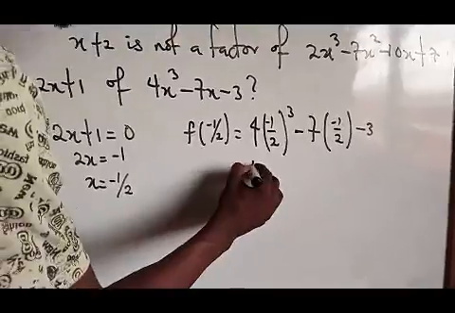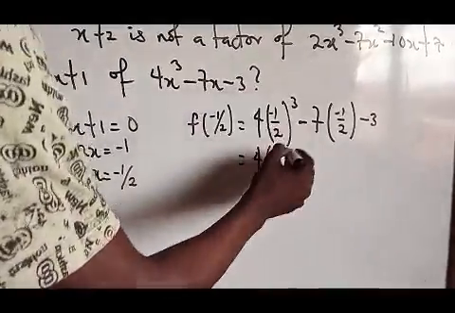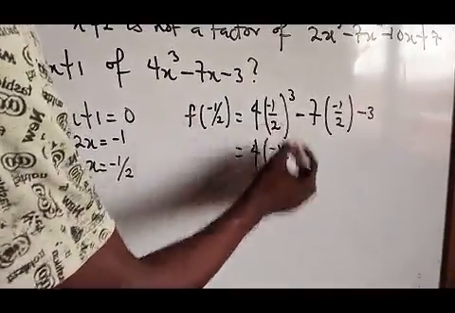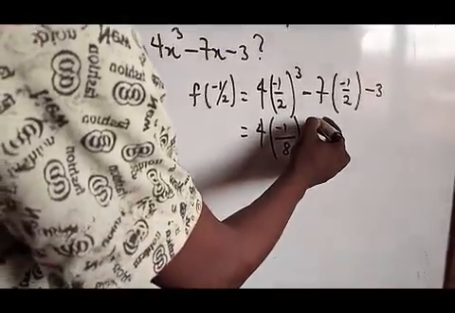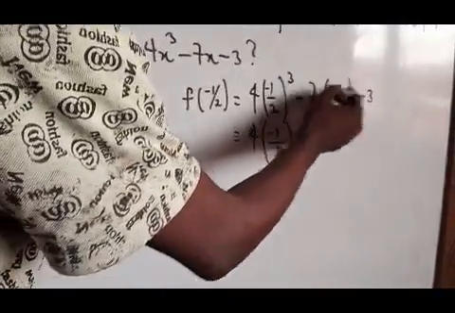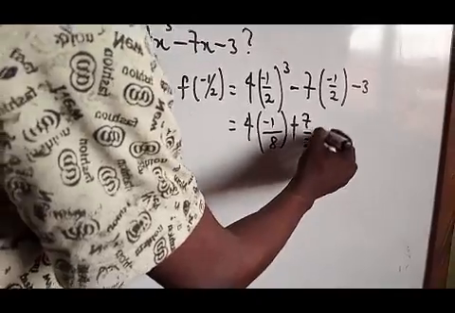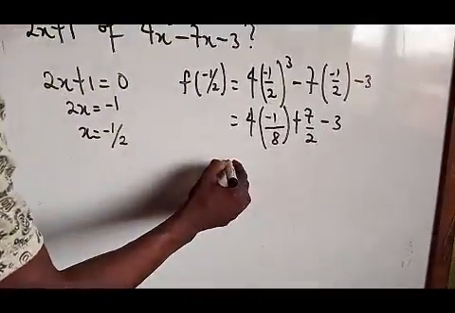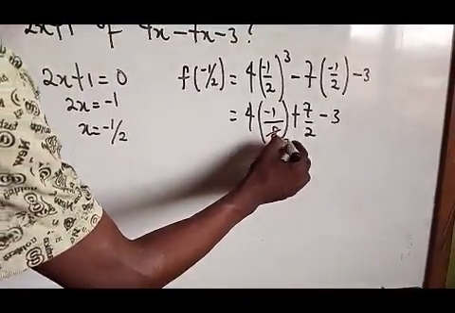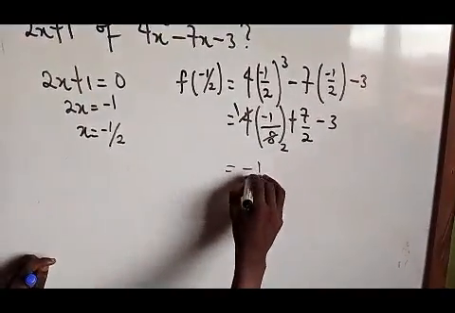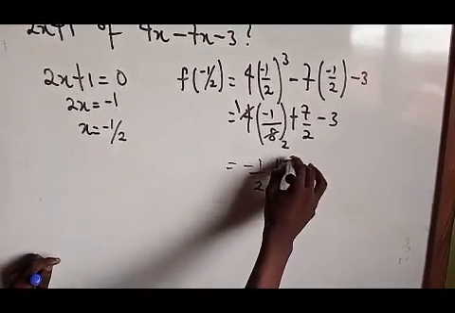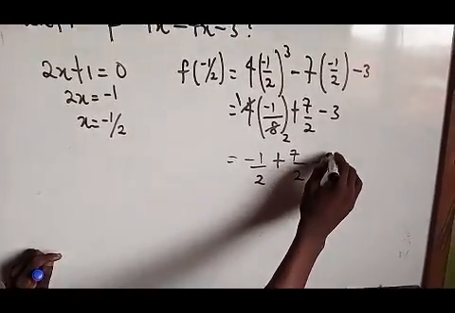So 4 times minus 1 cubed gives us minus 1, and 2 cubed gives us 8. Then minus 7 times minus 1 over 2 becomes plus 7 over 2, minus 3. So 4 over 8, which is 1 over 2, gives minus 1 over 2, plus 7 over 2, minus 3.